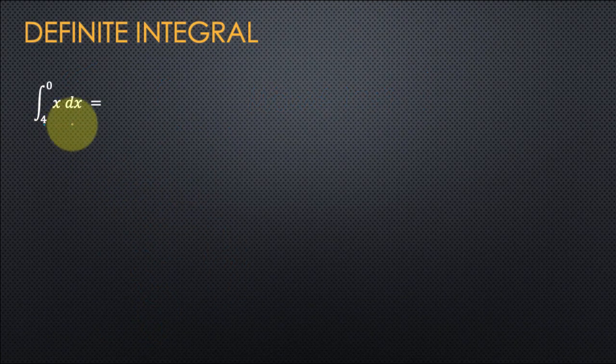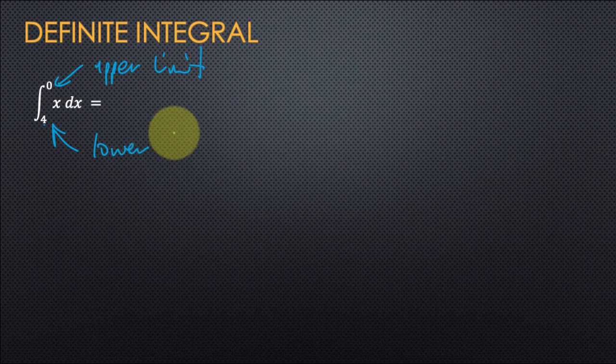In this problem, you have the upper limit is greater than the lower limit. It is not normal. It should be 0, 4. But in this case, you have 4 to 0. So you cannot find the definite integral.